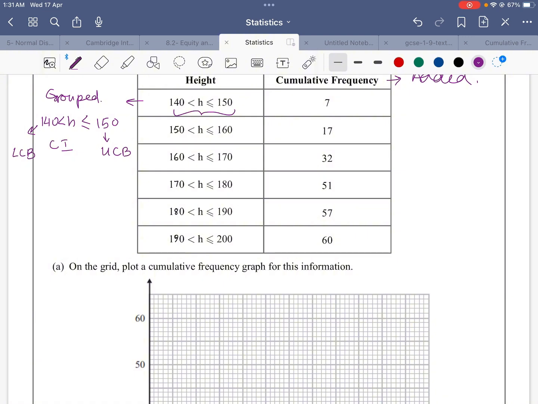You will use the same concepts when we calculate mean, median and mode for grouped data.